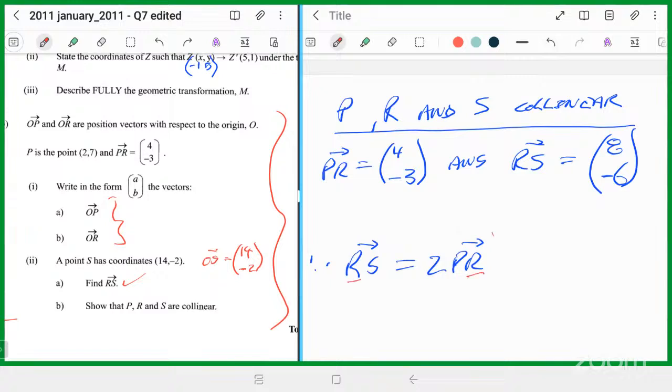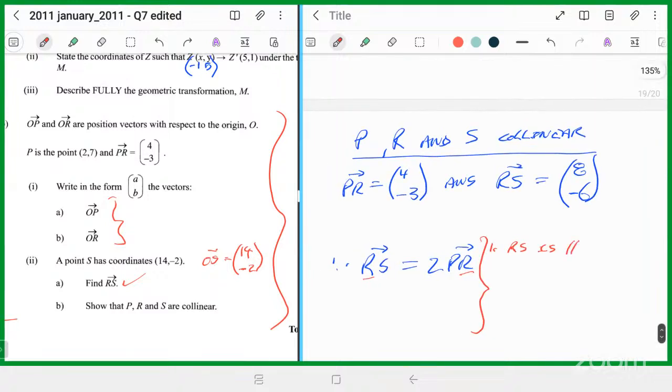So two things for collinearity are happening here. One is that RS is parallel to PR. That's the first thing you must have for collinear points. The second thing is that there must be a common point. We have R as a common point.